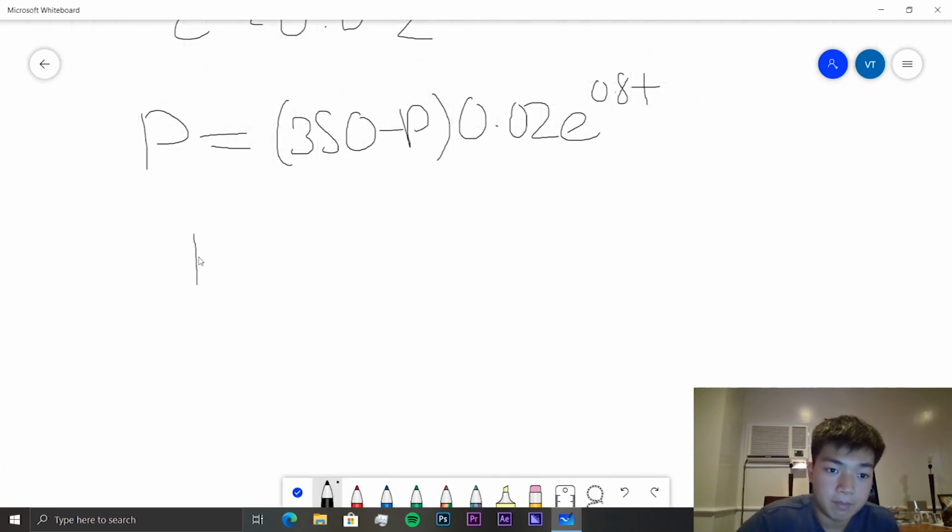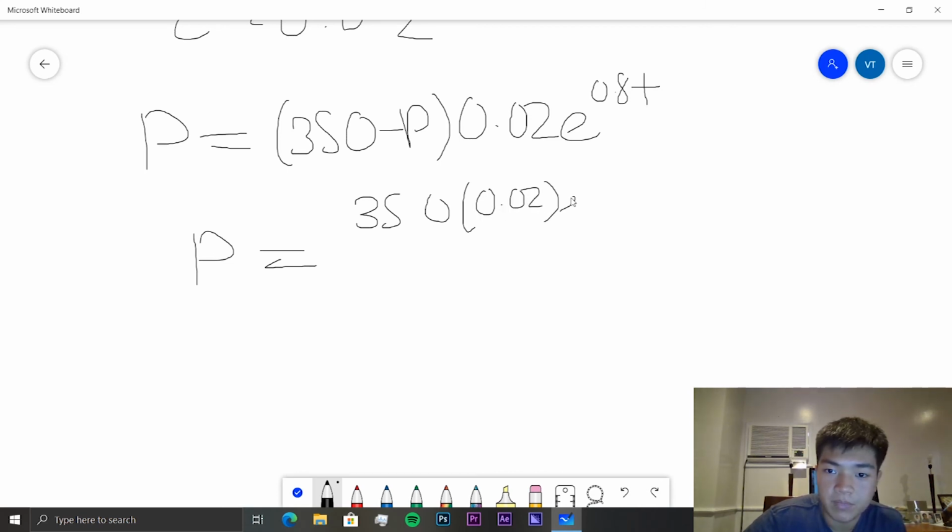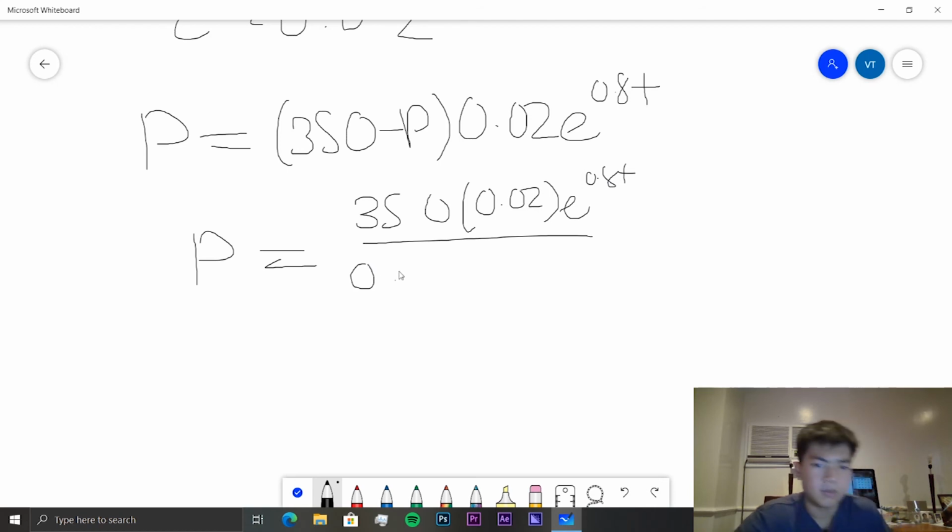So we have p is equal to, this would be 350 times, I think, 0.02 e to the 0.8 t all over 0.02 e to the 0.8 t plus, is it just 1?